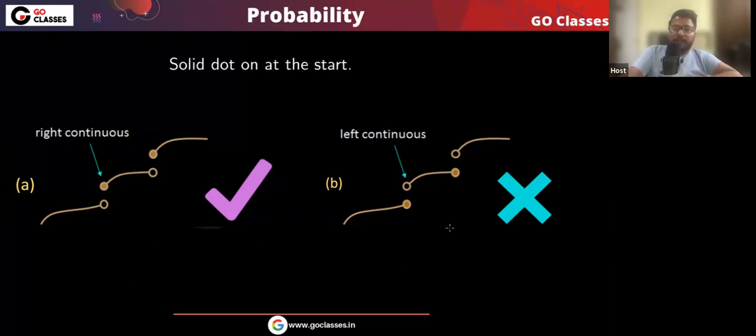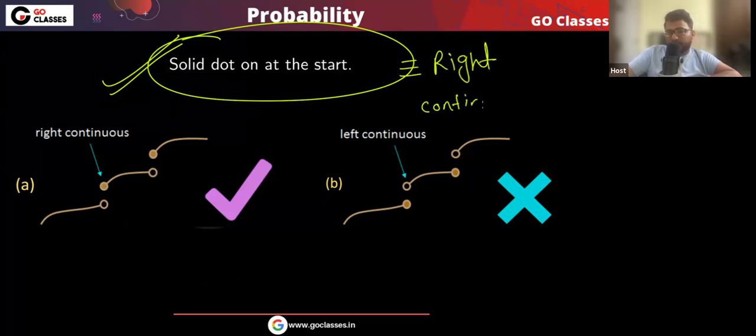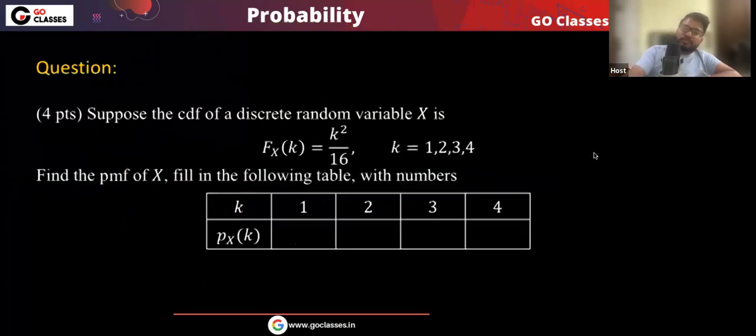So you can say that the solid dot is on the start. Another way of saying it is right continuous.